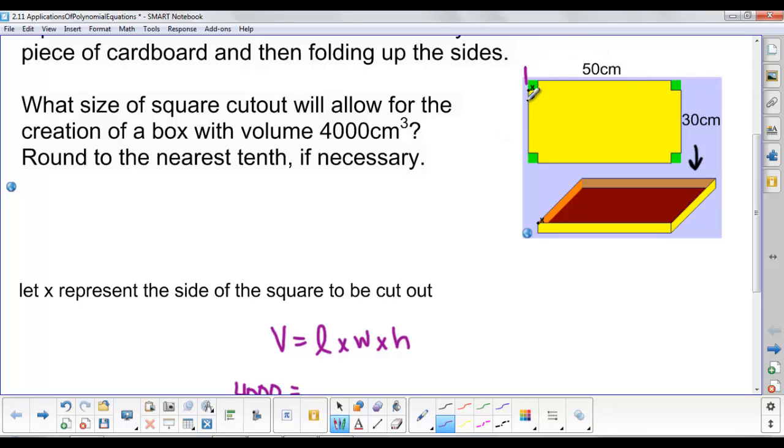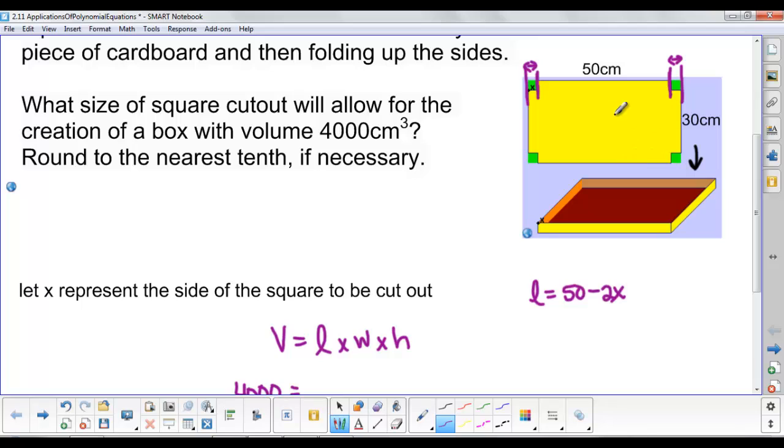Notice that from edge to edge, we said that the length was 50. Now we want to cut out this length of x and another length of x. So the distance between those two purple lines is x. So a statement for our length would be 50 and then take away 2 of those x's.